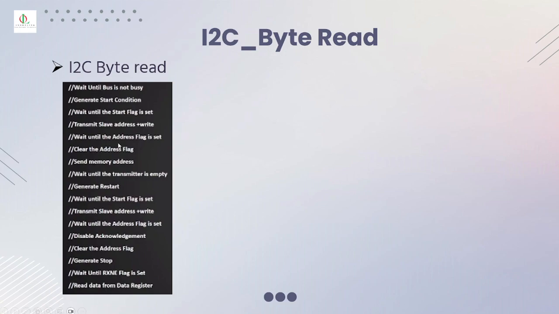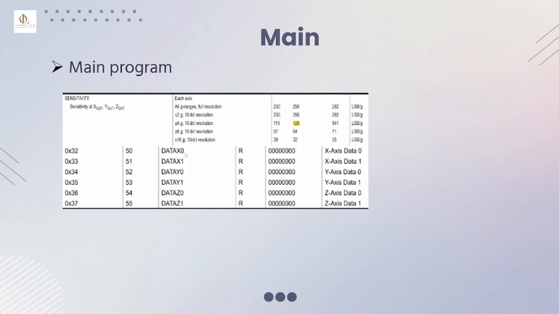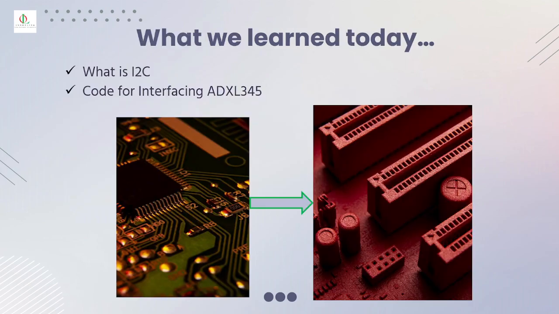So we finished all these steps and 0 errors, which is always good. So continuing along the main program, which you will learn tomorrow or the next day. So this is what we learned. We learned the recap of I2C, and today we wrote a code for I2C byte read, which was really good, the lengthy process.